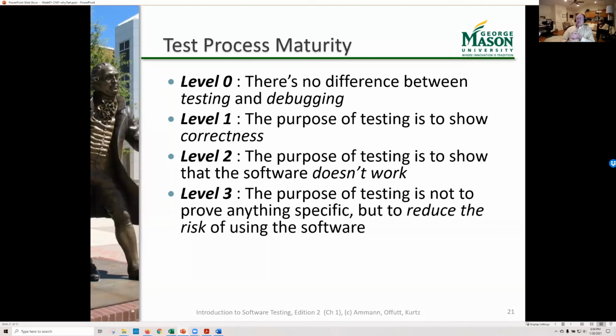If I can't prove the software is correct, and proving the software is incorrect is an infinite length process, what am I left with? Really what I'm left with is, I'm trying to reduce the risk of using this software. I'm trying to get a reasonable level of confidence that this software is suitable for the task.